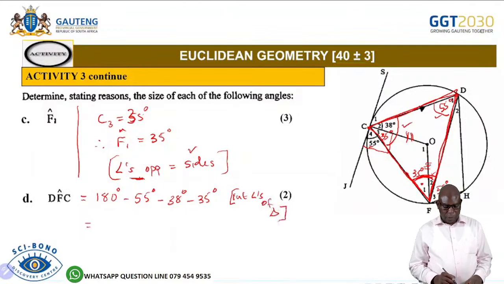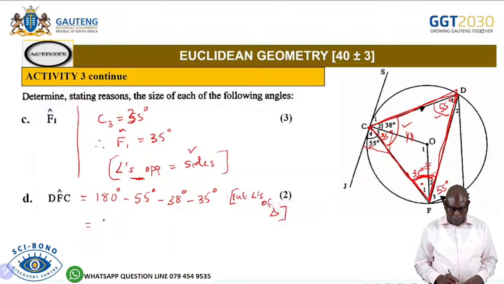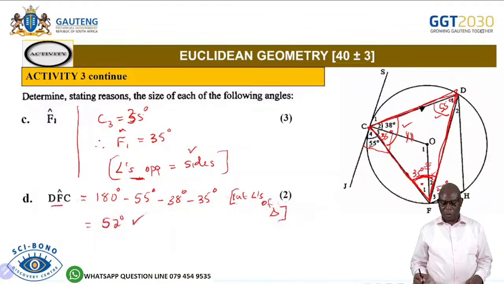Okay, right. So if I calculate this, if I subtract that, what am I left with? 52 degrees, meaning that DFC will be 52 degrees. Okay, so the whole angle is 52 degrees. If they wanted me to get F2, I'll just subtract 35 from 52. Then I'll get that angle. But that will be a challenging one.